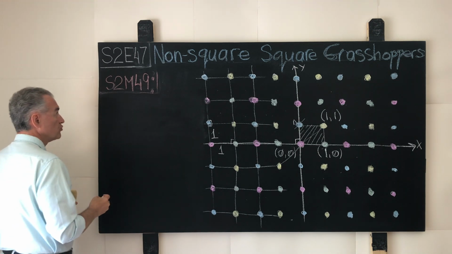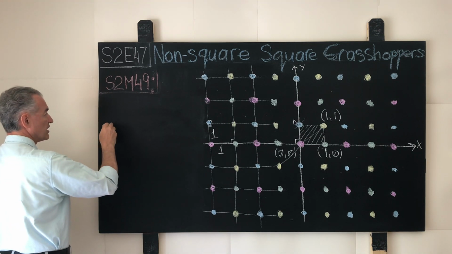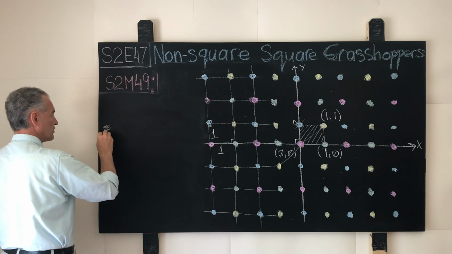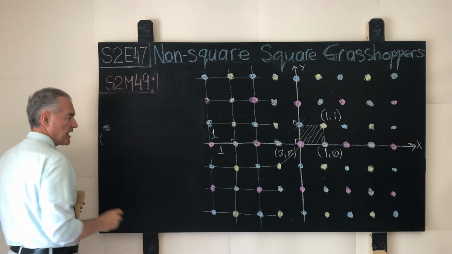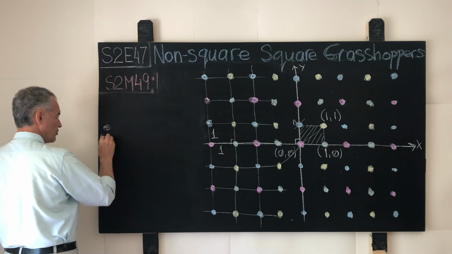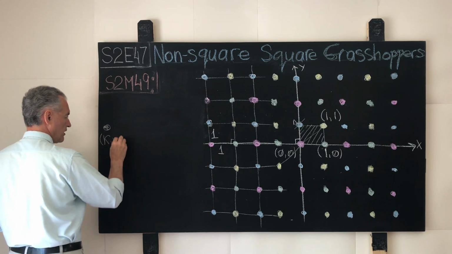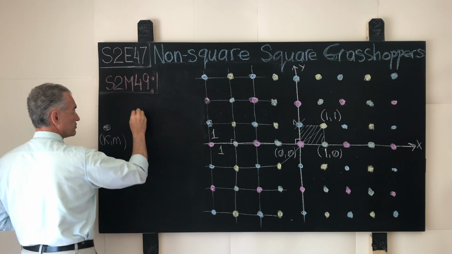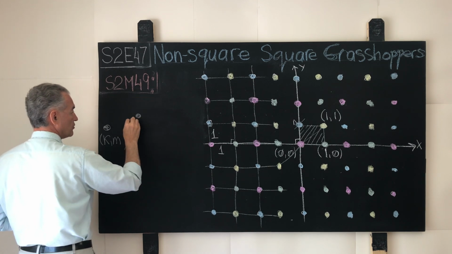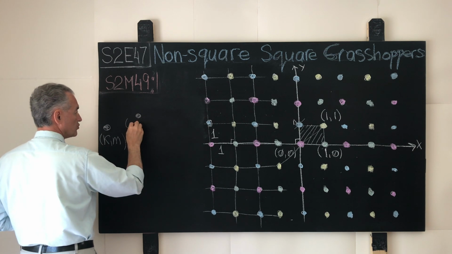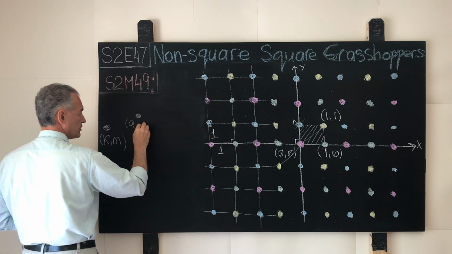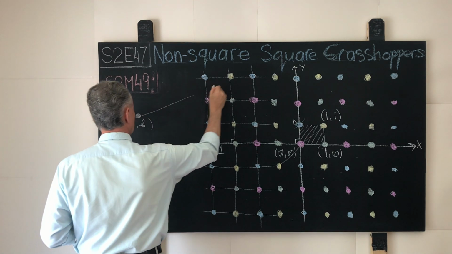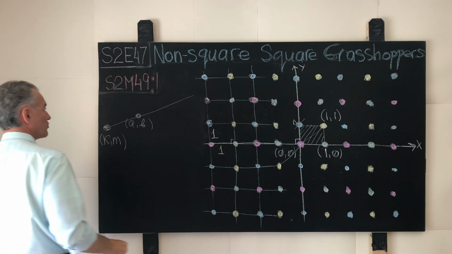So let us assume for demonstration purposes that, let's say, one grasshopper that is about to fly is sitting at a node of our lattice with the coordinates k and m. Another grasshopper that will be stationary sits at the node of the lattice with the coordinates a, b, and then according to our rules, our flying grasshopper will jump which way?